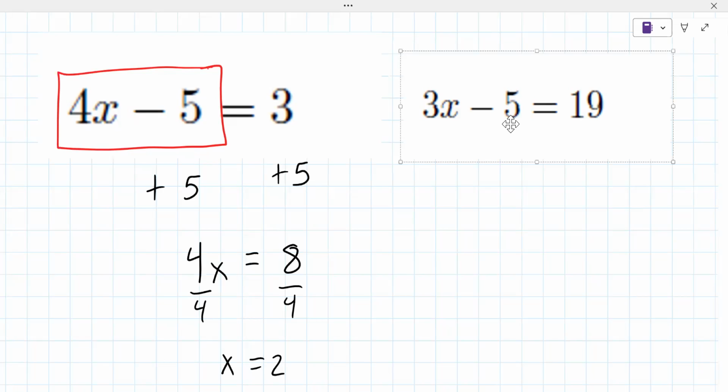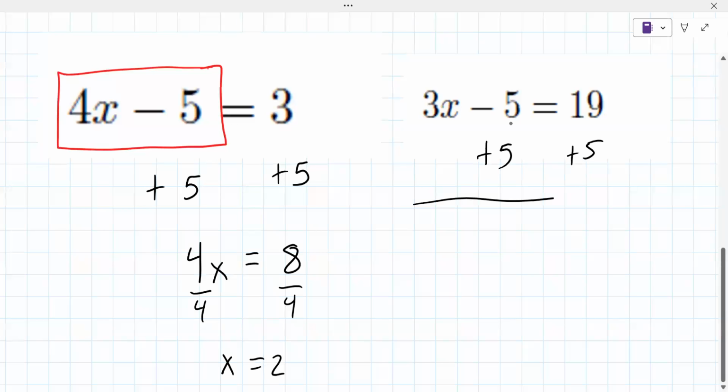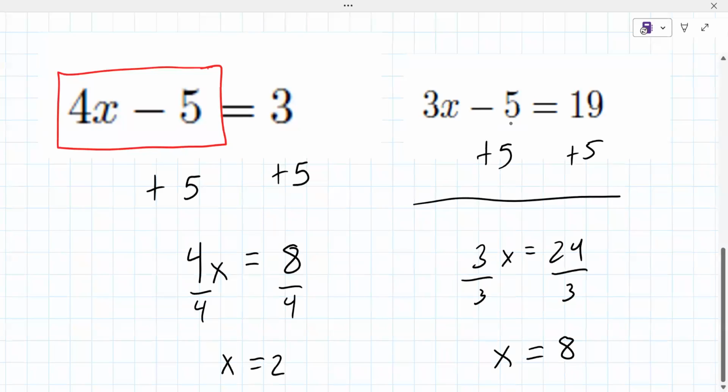Is it x equals 8? Yes, it is. So you add 5 to both sides. 3x equals 24. Divide by 3, x equals 8. Any questions on that? No.